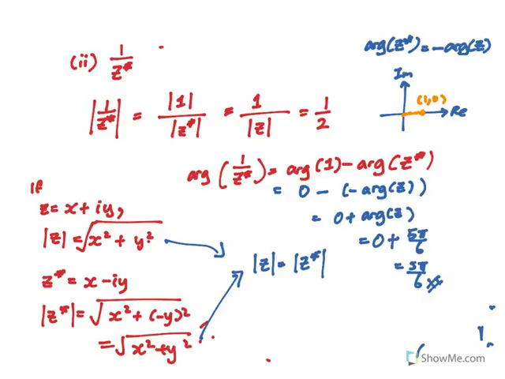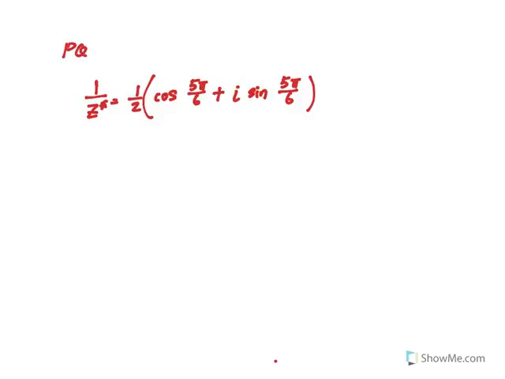With that, you are done with finding the modulus and argument. The answer for part 2, 1 over Z asterisk, equals r times cosine theta plus i sine theta. This is for PQ 1 part 2, and we are done.